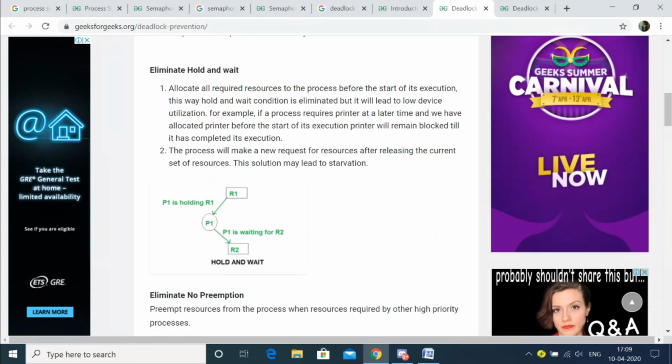Another one is the last, deadlock detection and recovery. There is a lot of material in it, but I'm trying to make it as simple as possible because these things are very technical.